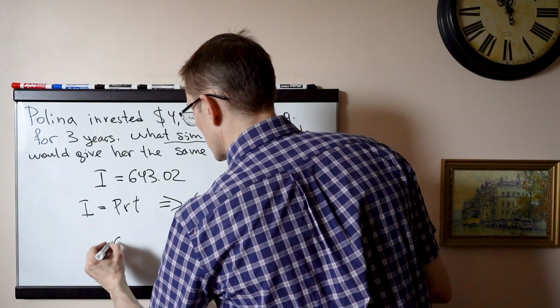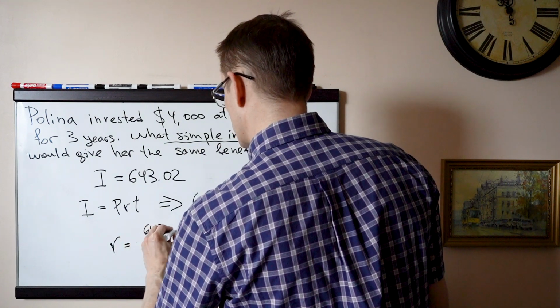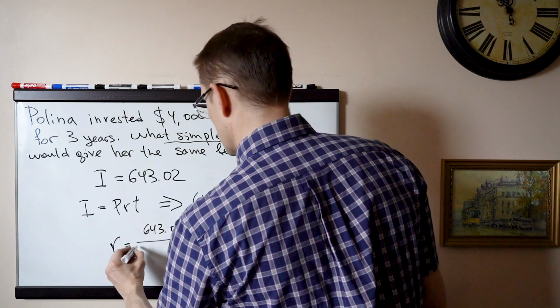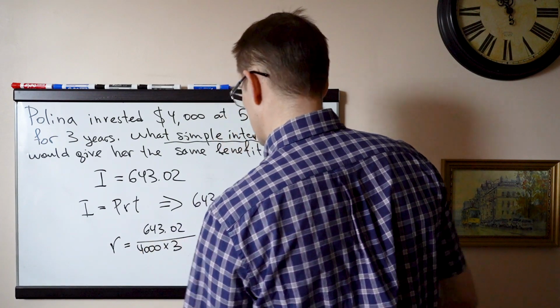So from here we find the rate, which is 643.02 divided by 4,000 times 3.